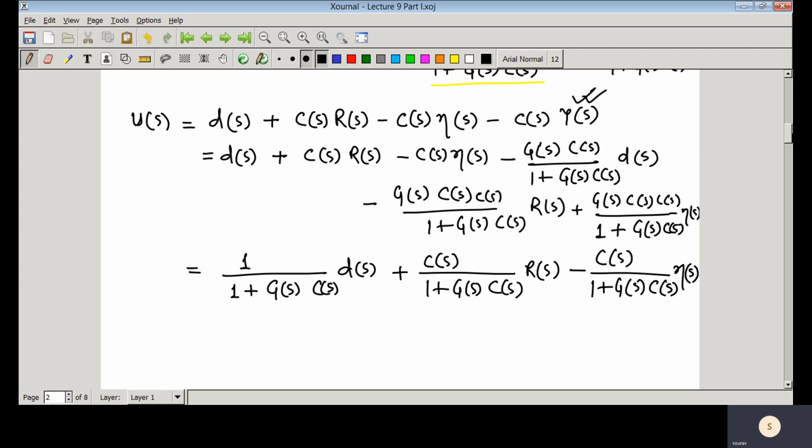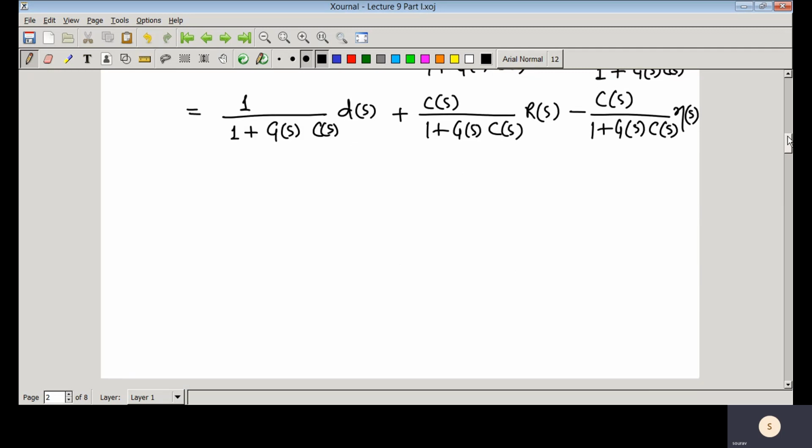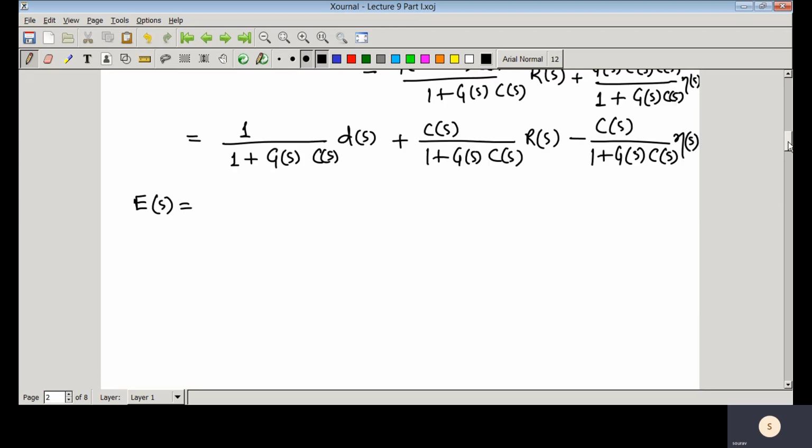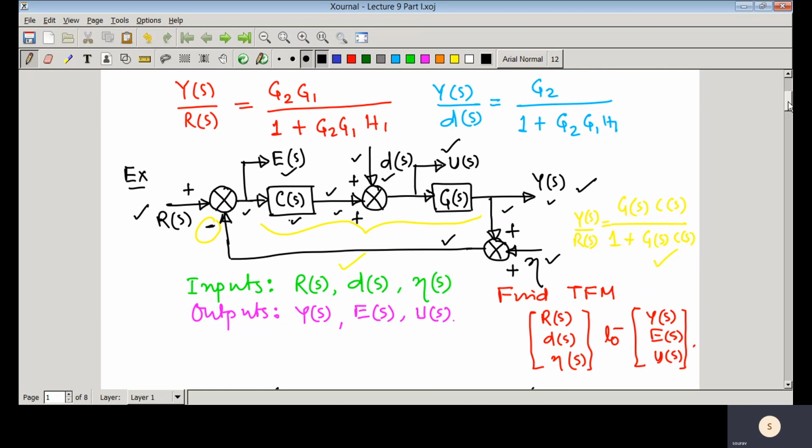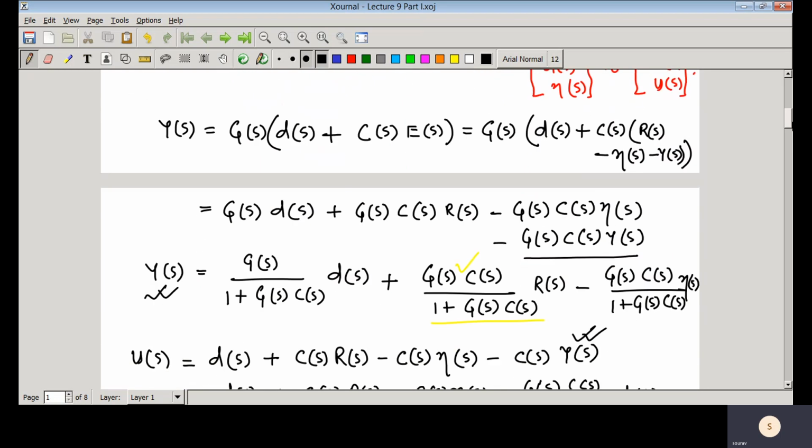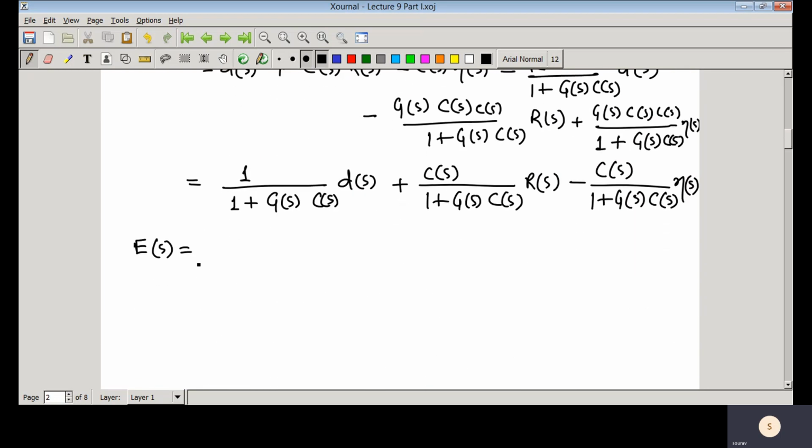In a similar way, you can write Es. Es is the error signal. Here you can see Es equals Rs minus eta s minus Ys. So Es equals Rs minus eta s minus Ys.